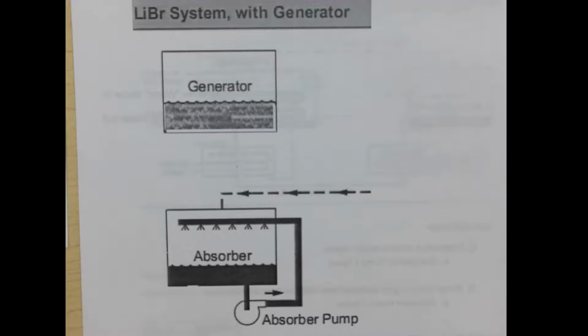Okay, so our generator, if it's going to drive off some vapor, generally what we're going to have is some mix of water and lithium bromide that came out of our absorber.